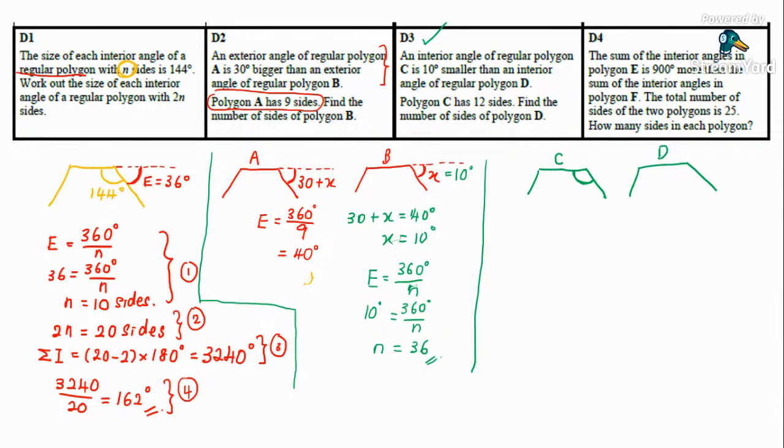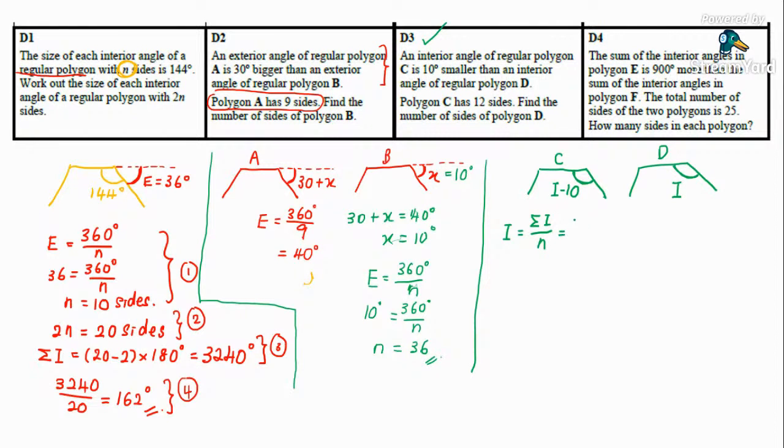This is D. I do not know what D is, but I know this is an interior angle. I want to put X also can, actually, anything. And for C, it is smaller, so this is I minus 10. It tells me that polygon C has 12 sides. So easily I can find the interior angle by using the formula, the sum of interior angles divided by n.